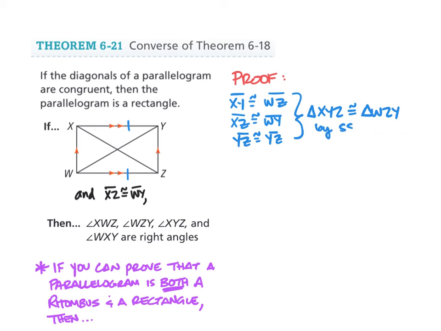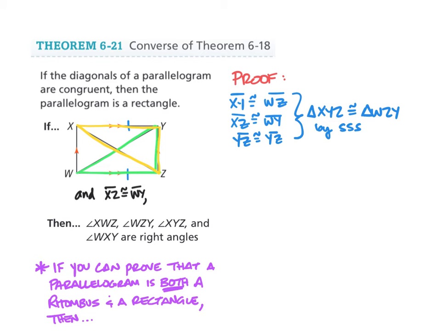So now again, I have these two triangles that are congruent. I'll outline them. One of them I'll outline in green, and then the other one I'll outline in yellow, just so you can see the two triangles that I'm talking about here. Okay, these two triangles must be congruent.